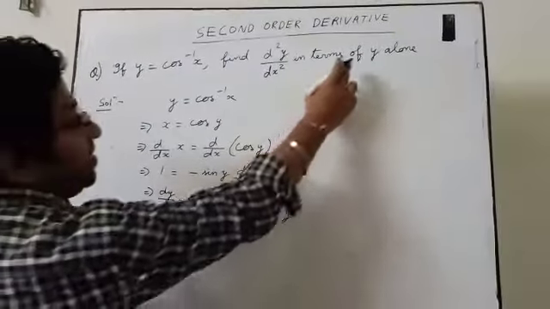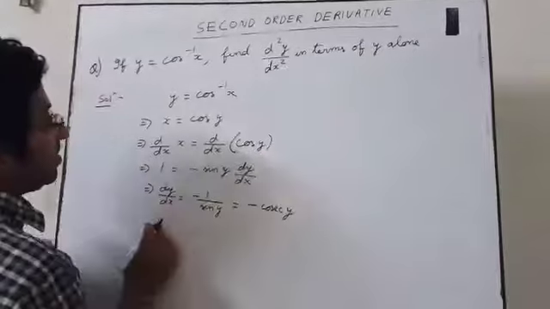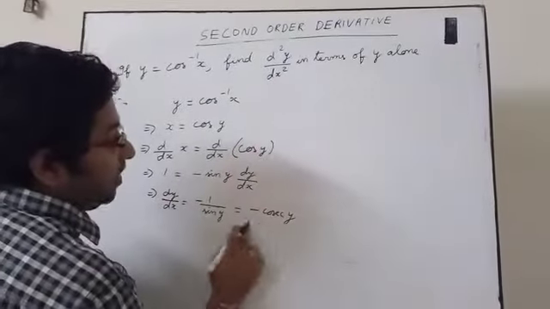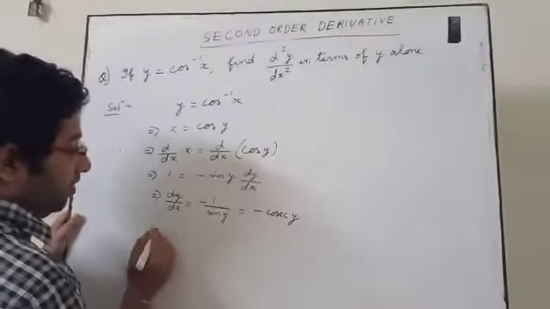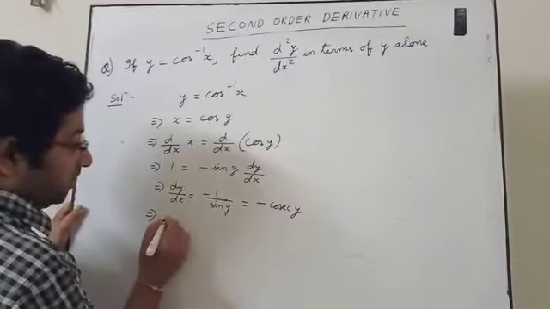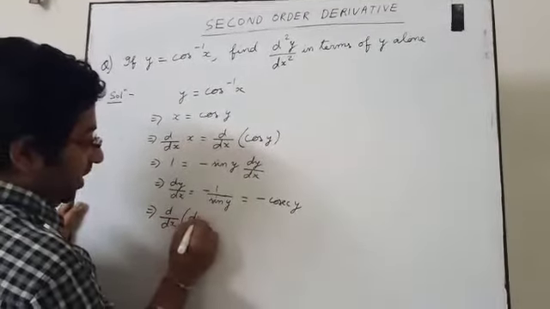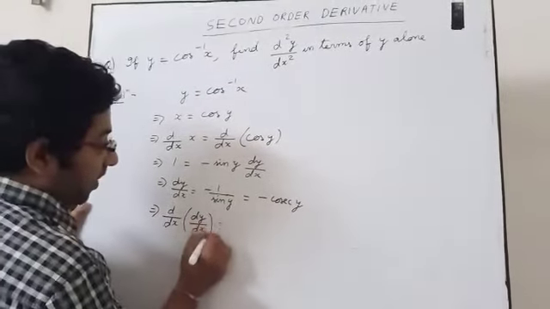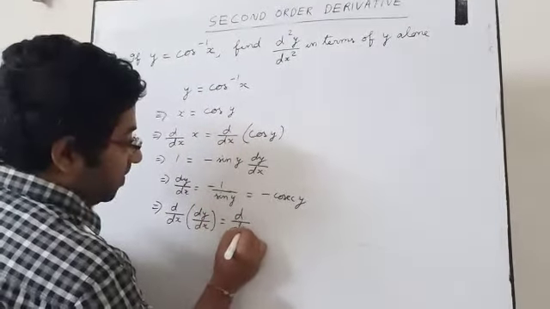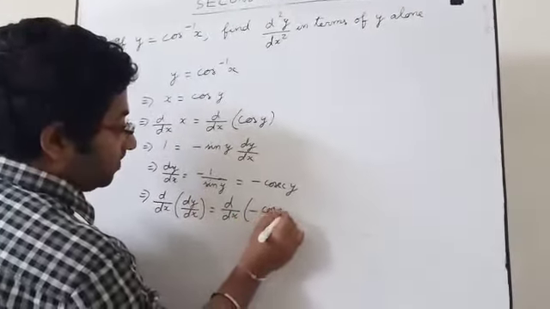Because you want the answer in terms of y, whatever the second order comes to, it should come in terms of y. Next do the derivative, second order; first order you have finished. d/dx of dy by dx is d/dx of minus cosec y.